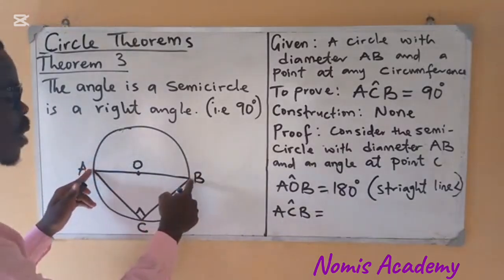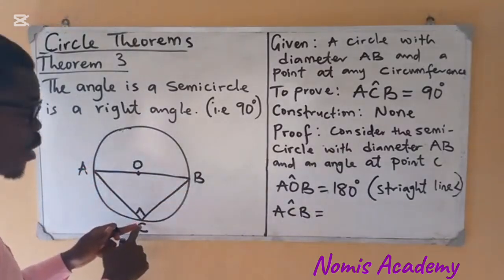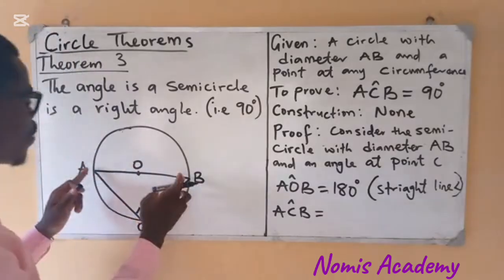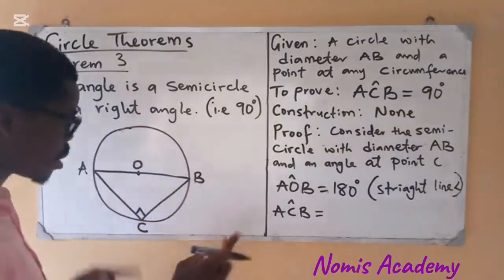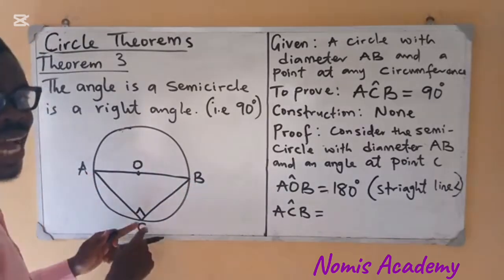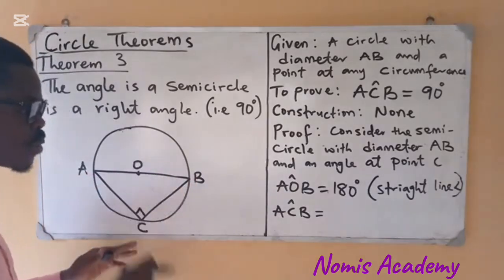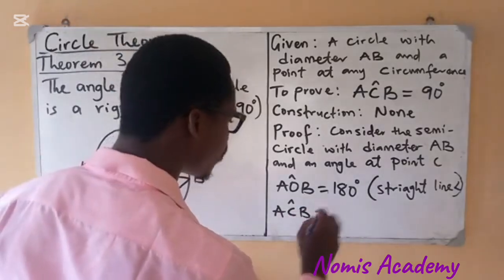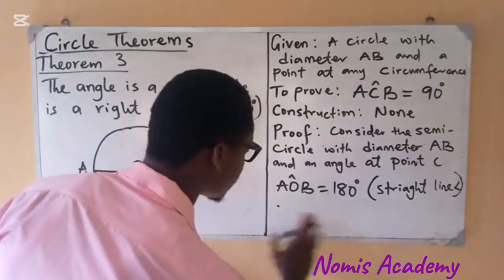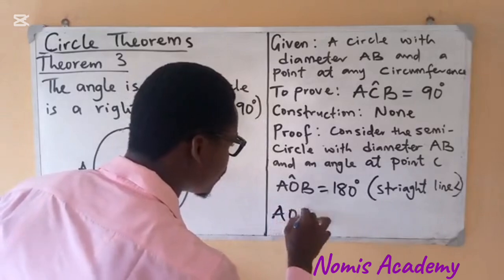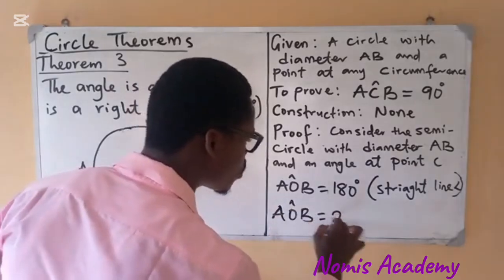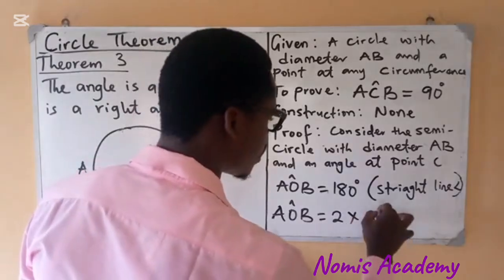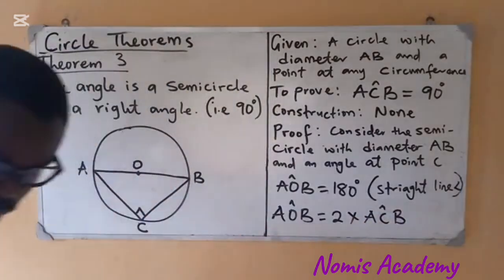It also subtends angle at a point on the circumference, which is point C. And remember the theorem that says that angle formed at the center is 2 times bigger than the angle formed at the circumference of the circle. So let's say AOB is equal to 2 times ACB.